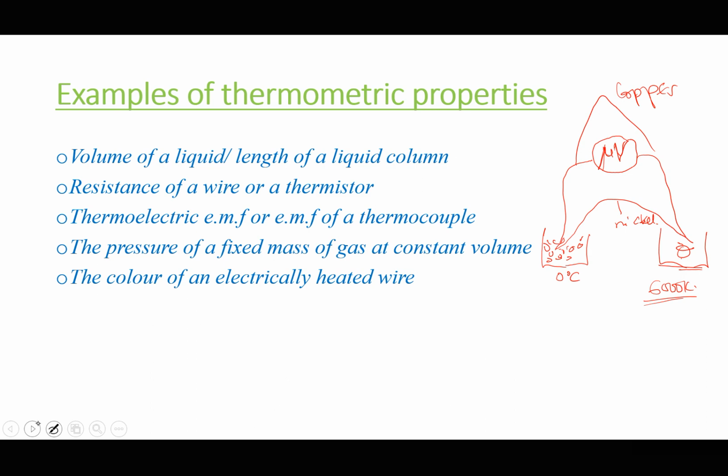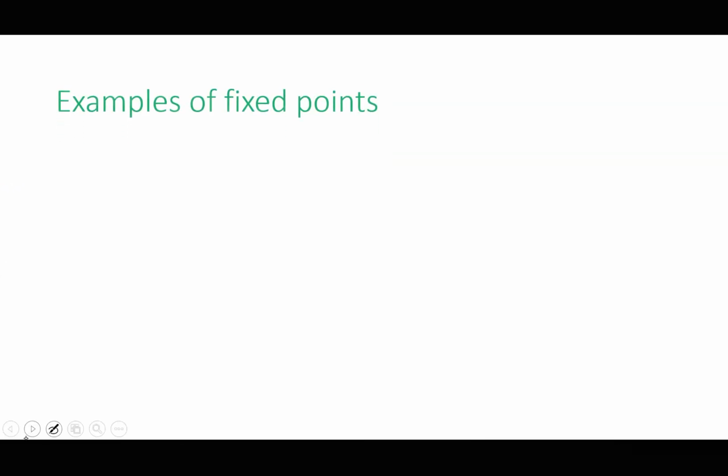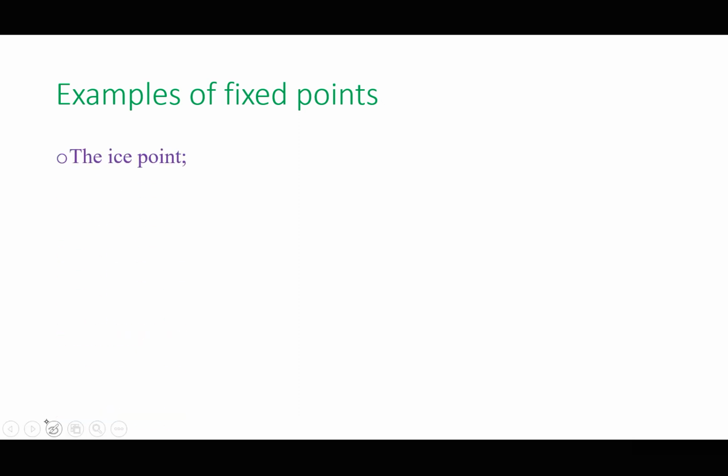Then on the other hand, how about the fixed points? Let's talk about the fixed points. Remember I said these are two degrees of hotness which can be accurately and easily reproduced. They can be reproduced several times accurately without any problem. Number 1, the most common ones are these two. That is the ice point, which we mentioned in IGCSE.